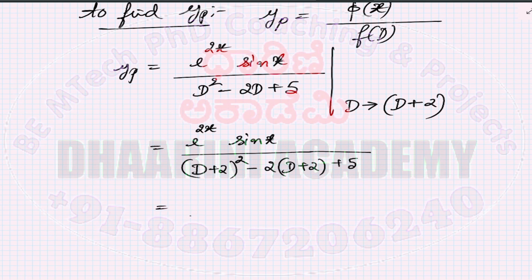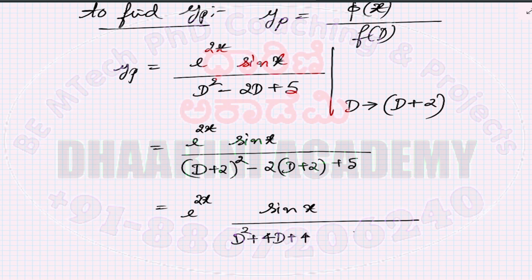Now the role of e^(2x) is over. It has been taken care of. Let's deal with only the sin x now. So sin x divided by D² + 4D + 4, that's (D + 2)², minus 2D minus 2 into 2 is 4, plus 5.